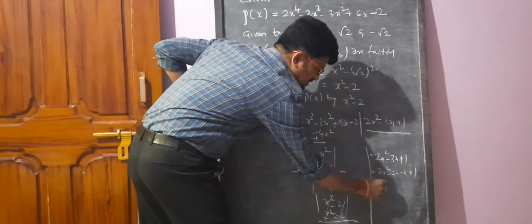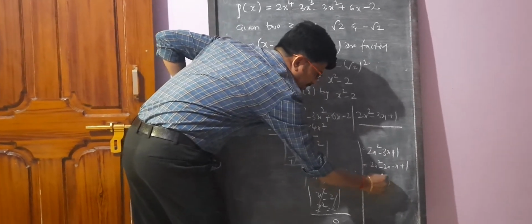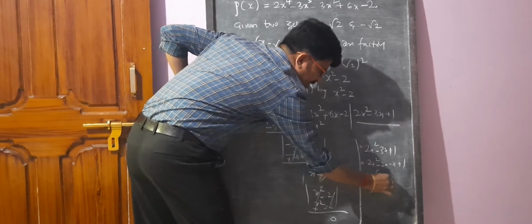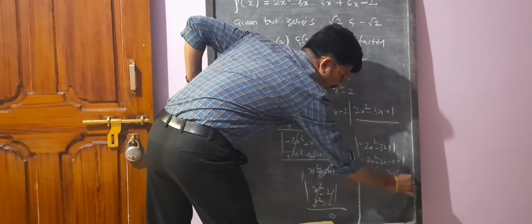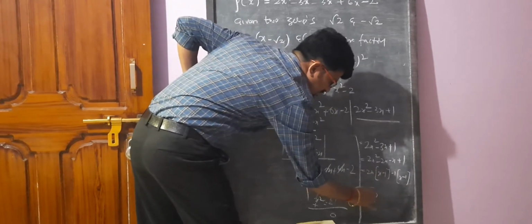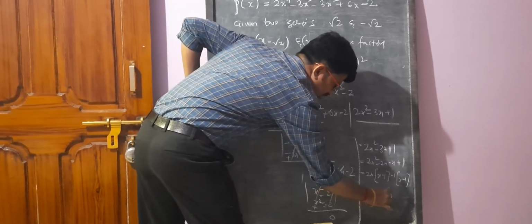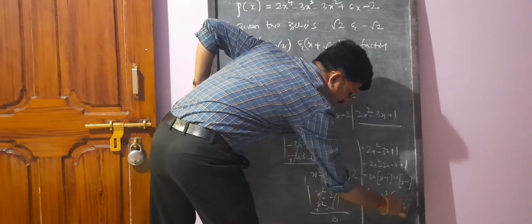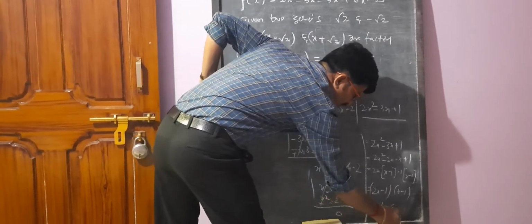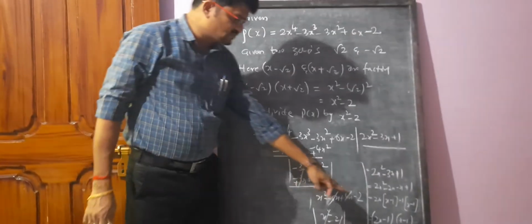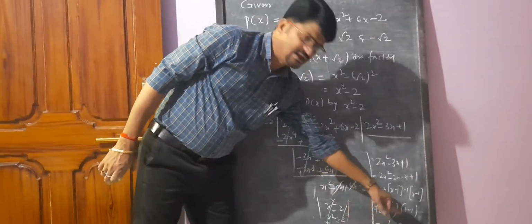Take 2x common: 2x into x minus 1, and take minus 1 common: minus 1 into x minus 1. That implies 2x minus 1 is a factor and x minus 1 is a factor, so the zeros are 1 by 2 and 1. Therefore the other two zeros are 1 by 2 and 1.